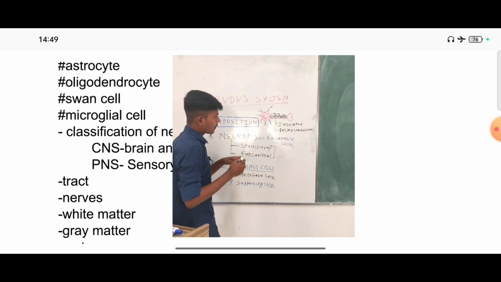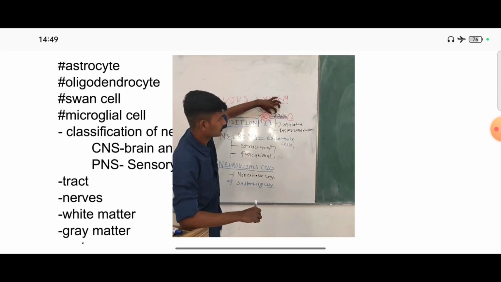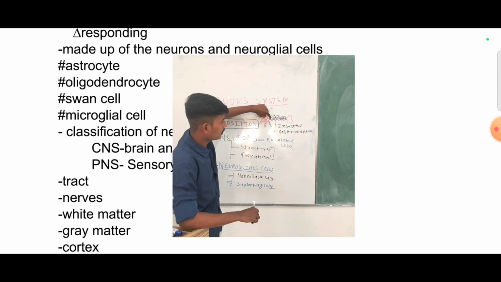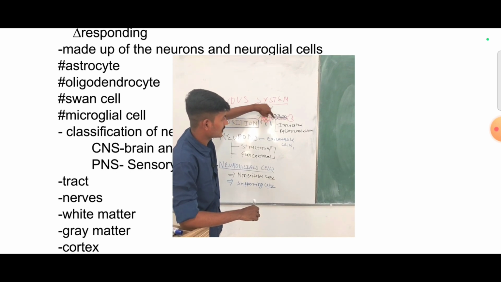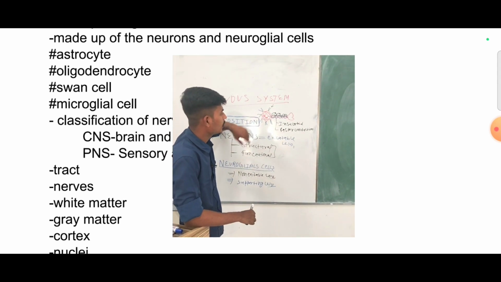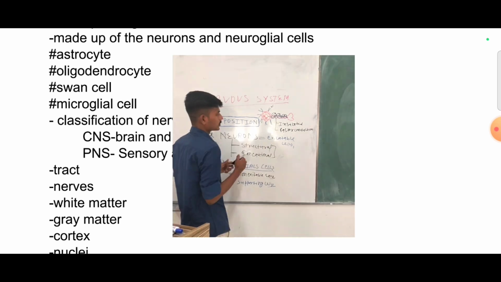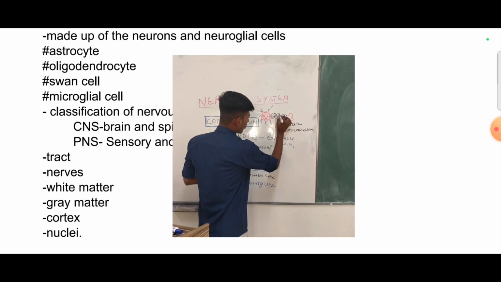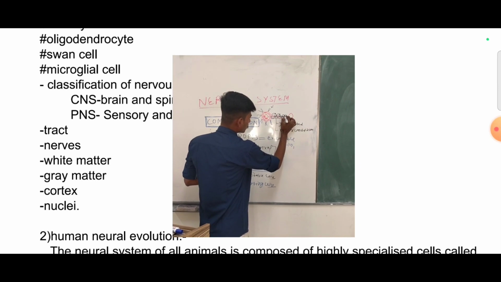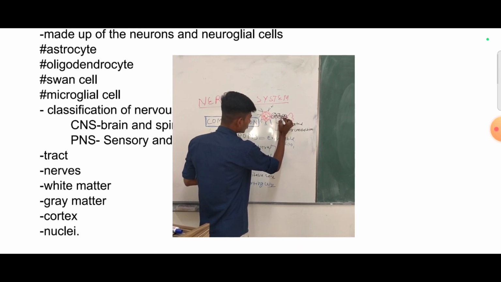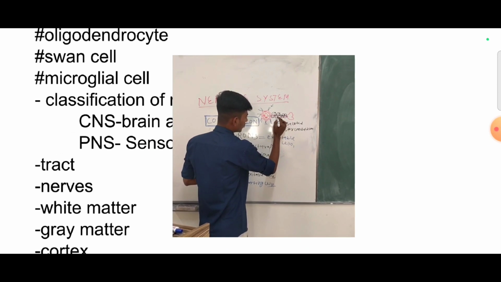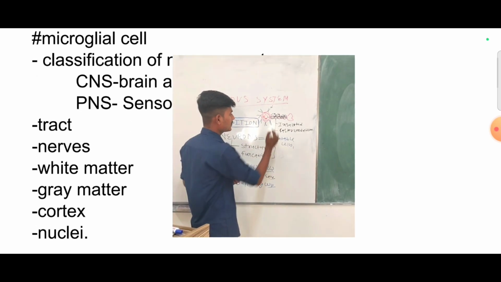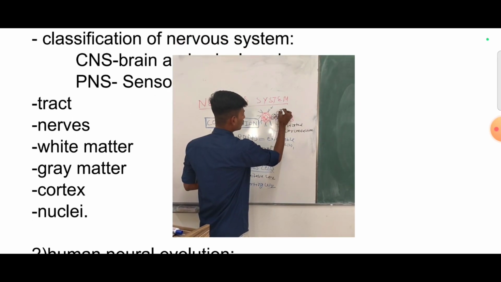So now see the distance covering, from one point to another, and these two points are called the nodes. In some areas of the neuronal axon, you see these areas, the myelination is absent. This point is called the node of Ranvier.